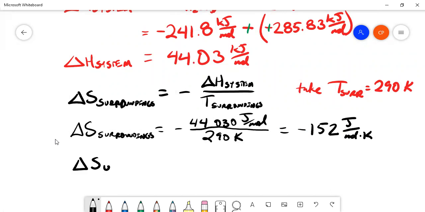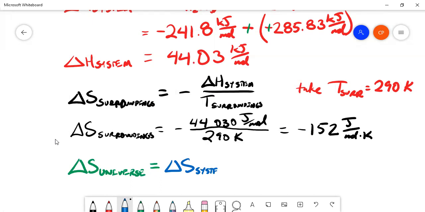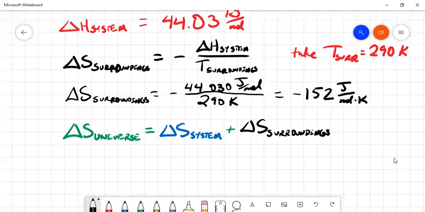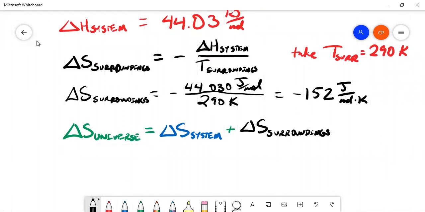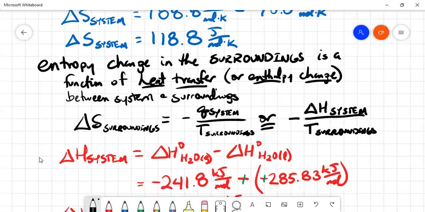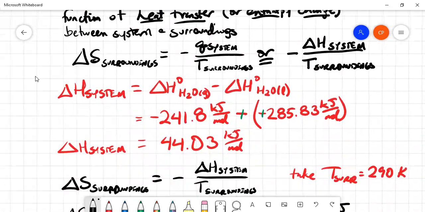And delta S of the universe, let me actually put this in green, is equal to delta S of the system plus delta S of the surroundings. The system delta S I computed earlier in blue, that was my 118.8 joules per mole per Kelvin.